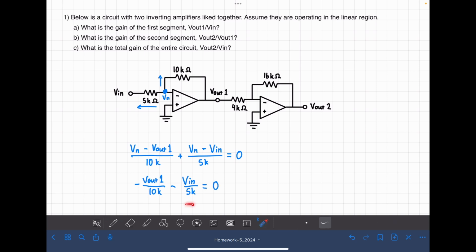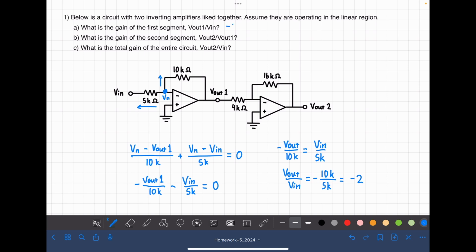And this is good. We have one equation, two variables, and we're trying to solve for the ratio between them. So this is all we need here. We're just going to do some algebra, bringing over Vn to the other side. So our gain for the first part here is negative 2.